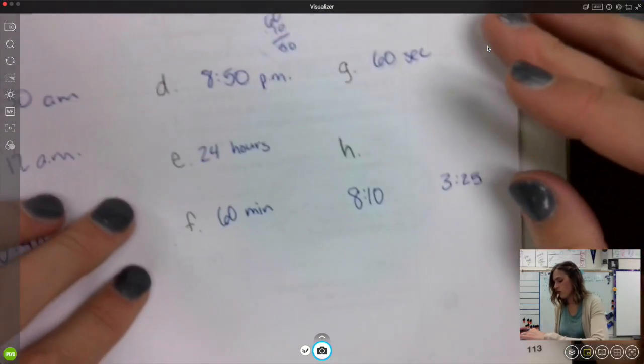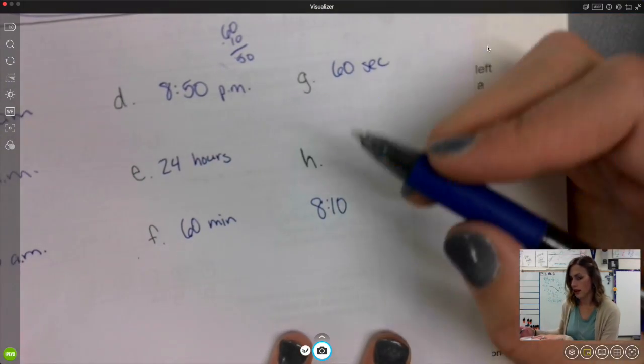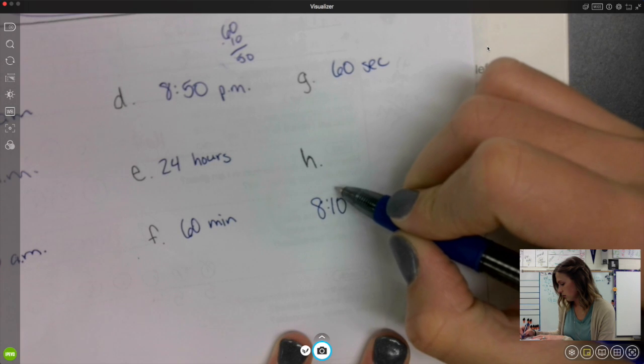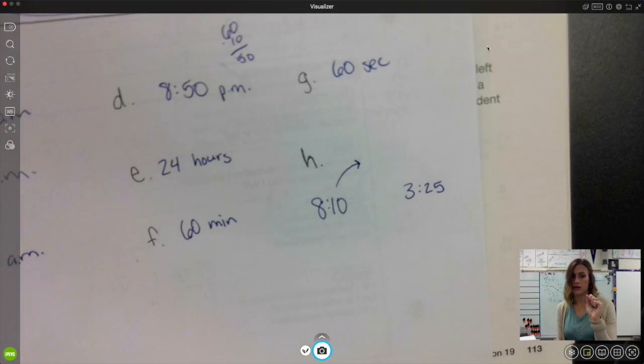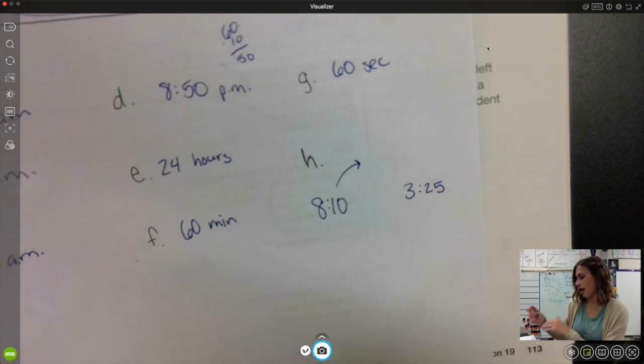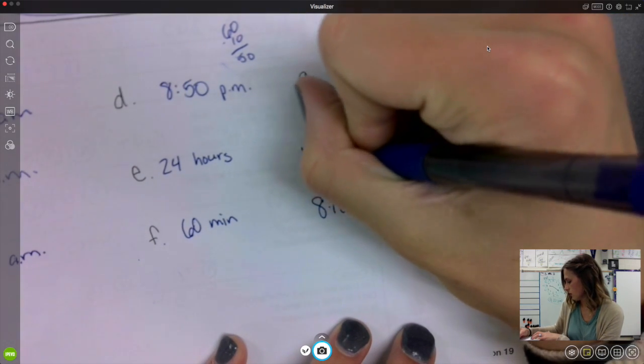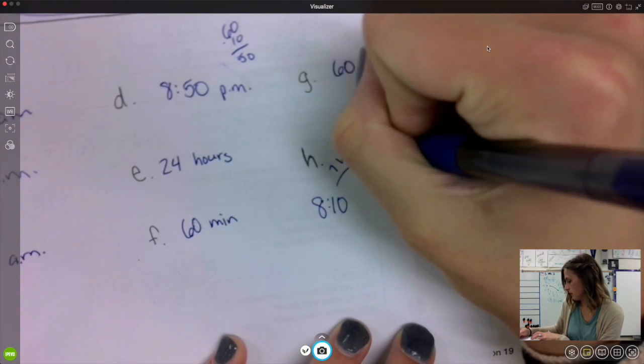All right? Well, how many hours do we have to get from 8:10 to 3:10? So 8:10, we go 9:10, 10:10, 11:10, 12:10, 1:10, 2:10, 3:10, right? I got 7 hours. So 7 hours is going to take me to 3:10.